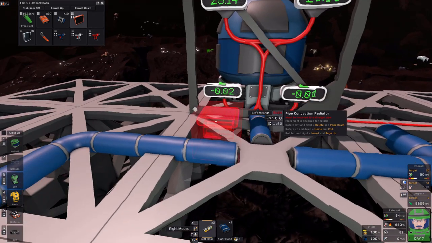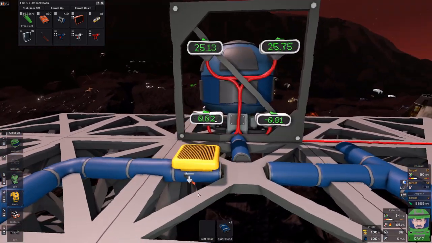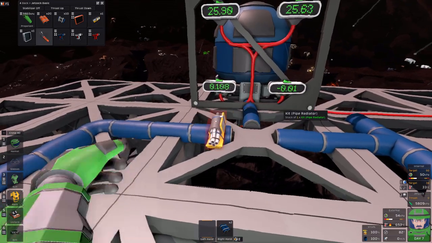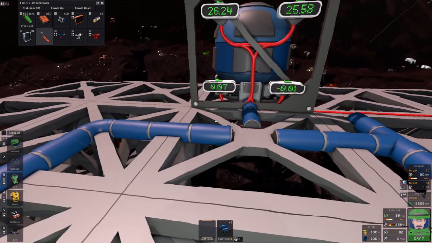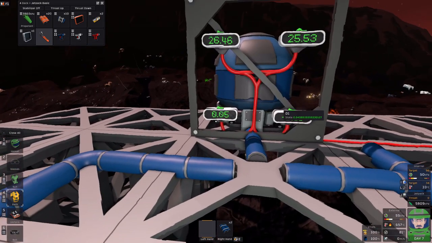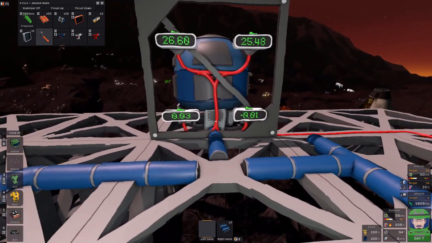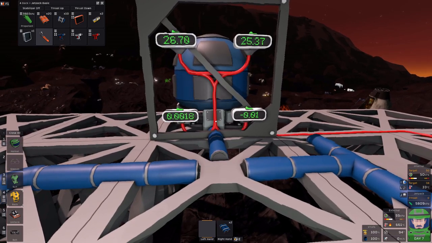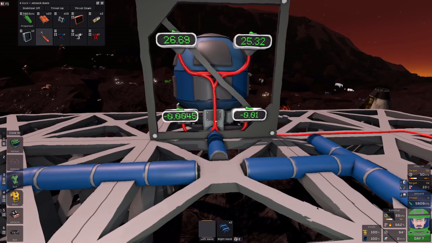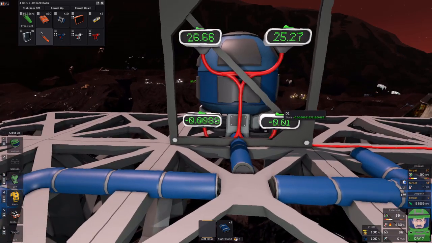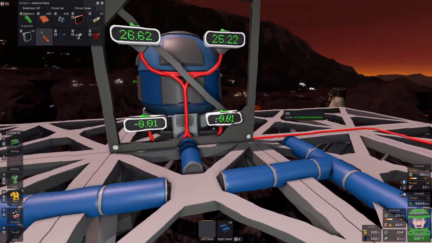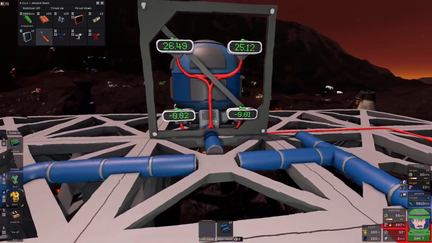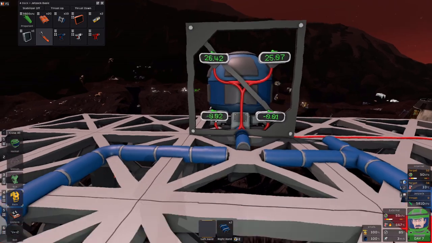In fact, I kind of wonder if I let this heat up a bit, will it actually overtake? Yep, so now it's cooling again. Well, it's got a stronger rate of cooling because it is technically trying to cool down more. So that's kind of the disparity.